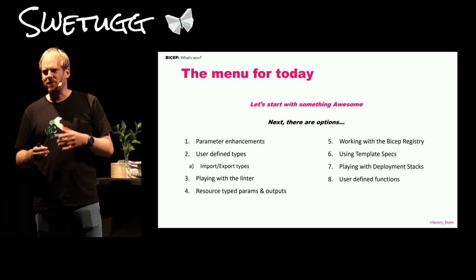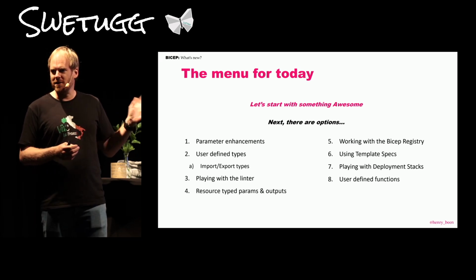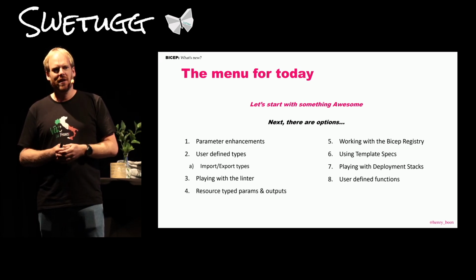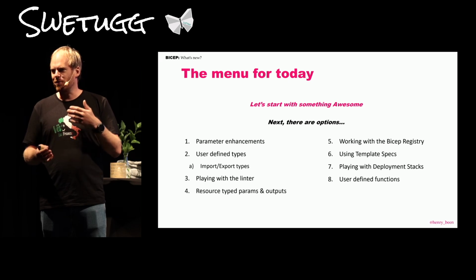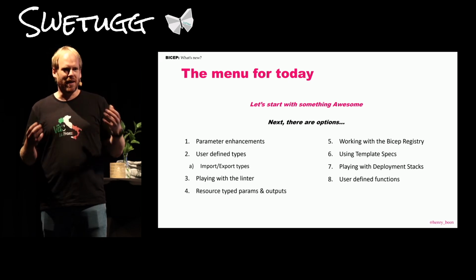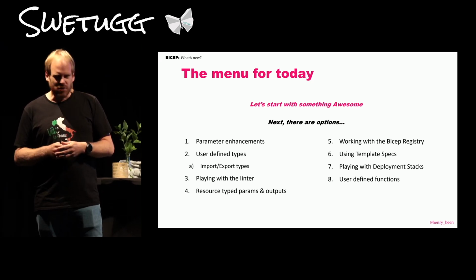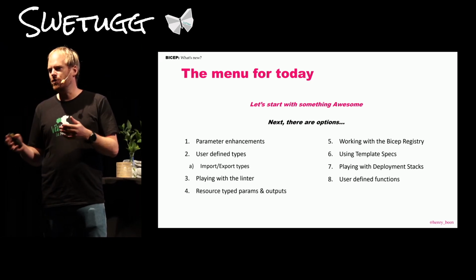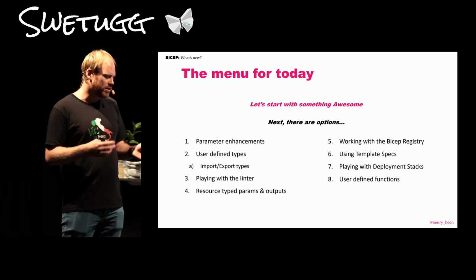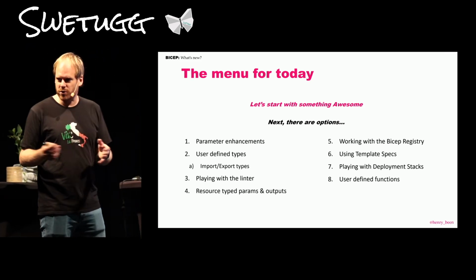So the question is, if you're using a deployment stack this way and you're going to remove a resource, don't you want to be able to have some kind of retention or a way for something to be backed up before you remove it? There's nothing in deployment stacks that allows you to do that. There are a number of options that you can use in Azure. For example, you can apply a lock to a resource.